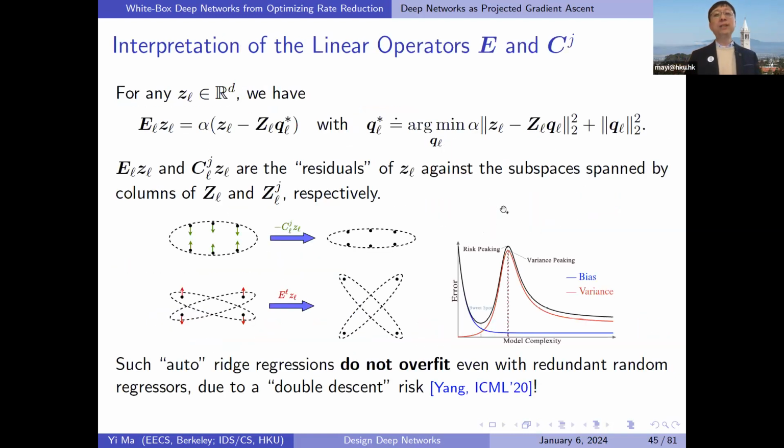This operator is exactly the operator to compute the residual using ridge regression. What is ridge regression? It's very simple. You have a new data point. You use all the other data points as regressors, do a linear regression, and you compute the residual.